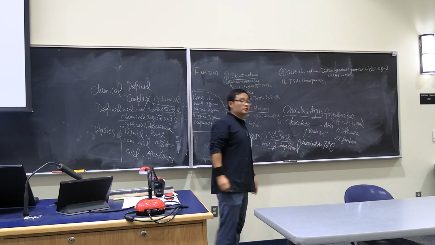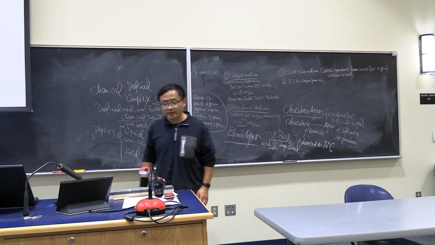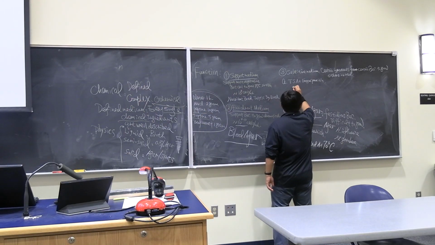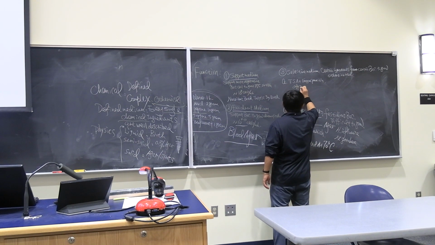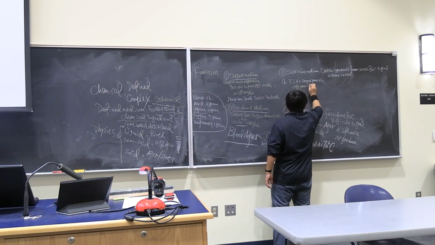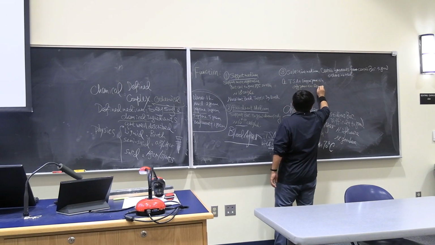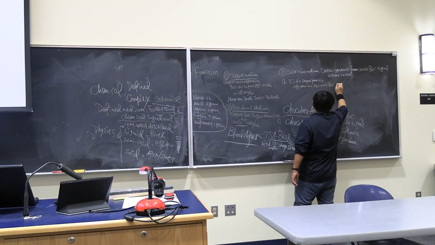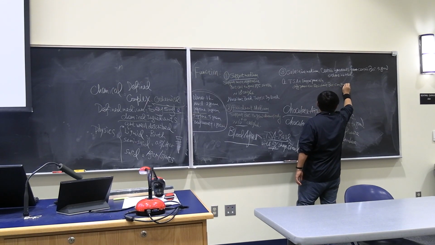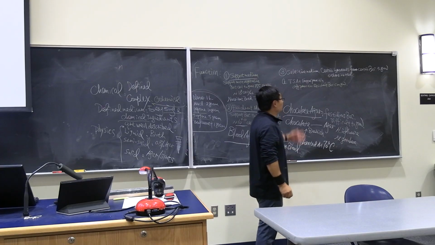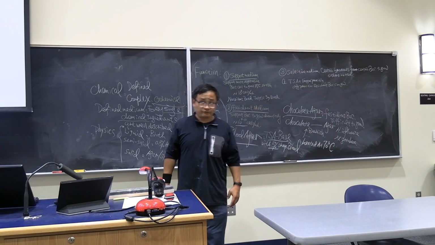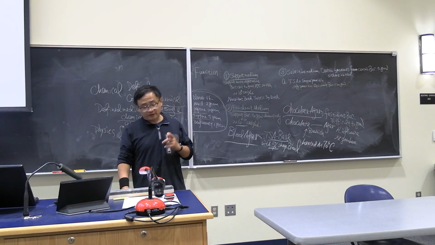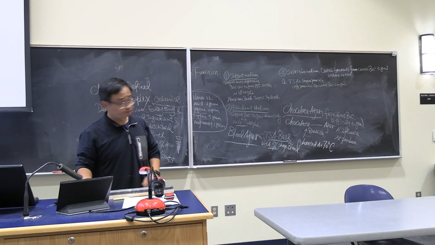This is a selective media. What type of bacteria will grow? Only penicillin-resistant bacteria can grow. That's a very typical example. Okay, that's called selective media, favoring certain bacteria to grow.